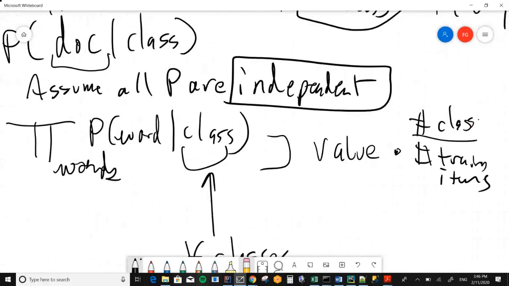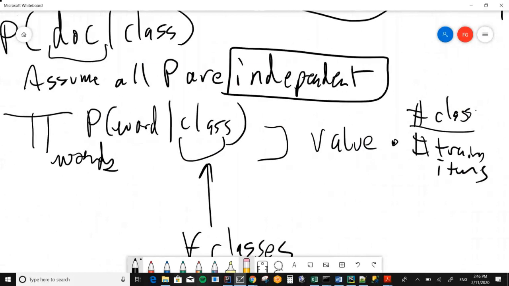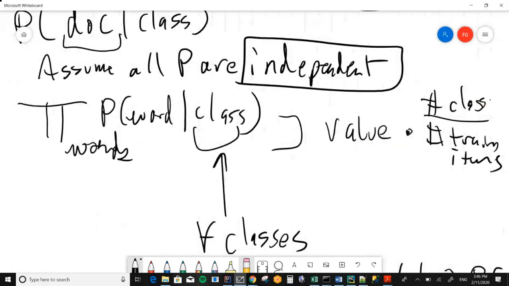It's very naive, but sometimes very effective. So unlike k-nearest neighbor, this is not a memory hog. It actually uses a relatively small amount of memory, and it tends to run fairly quickly. That is, k-nearest neighbor's running time is going to be dominated by the number of examples in your training set.